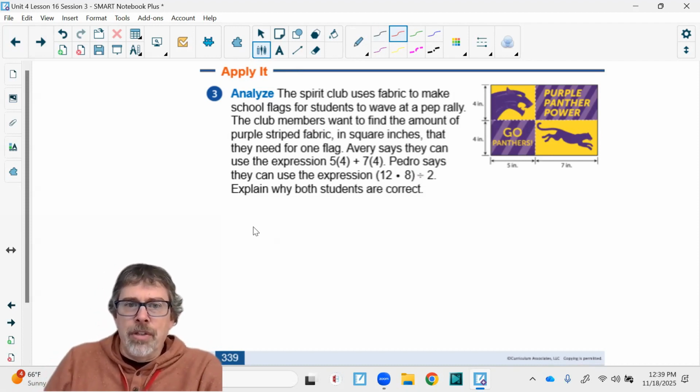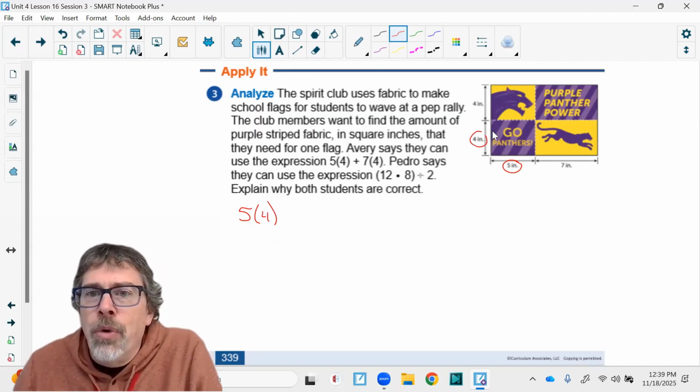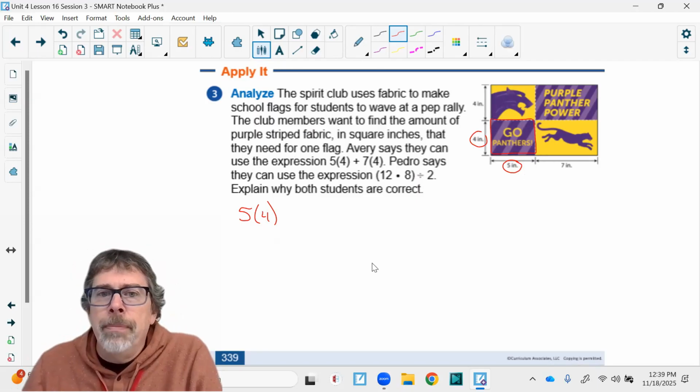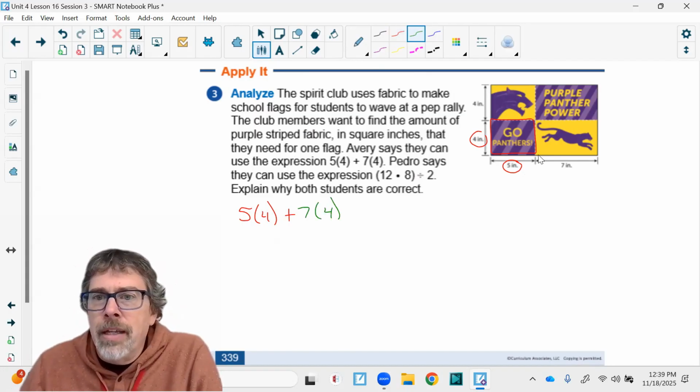Let's start with this 5 times 4. Where did that come from? Here's a 5 times a 4, so that would find the area of Go Panthers. Plus, I'll change colors, 7 times 4 tells us this square here, 7 times this width here, 4. See it right here? So it's this purple. Remember, we're looking for purple striped fabric.